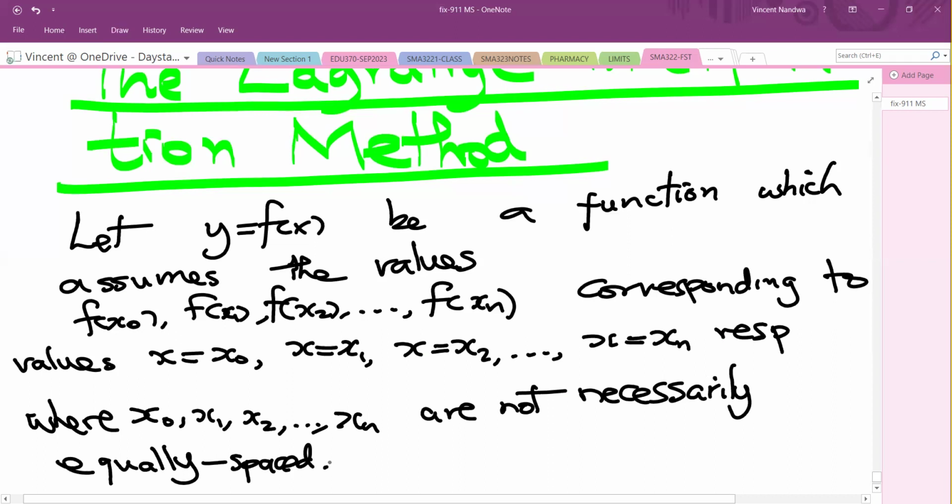So that statement means that they may be equally spaced or unequally spaced. So it applies for all cases.